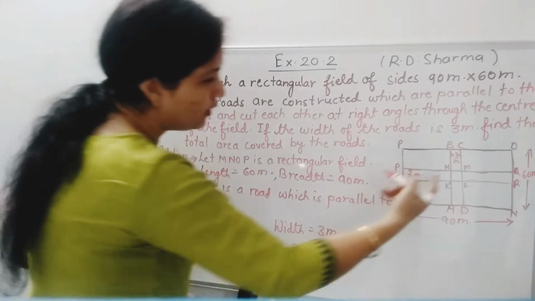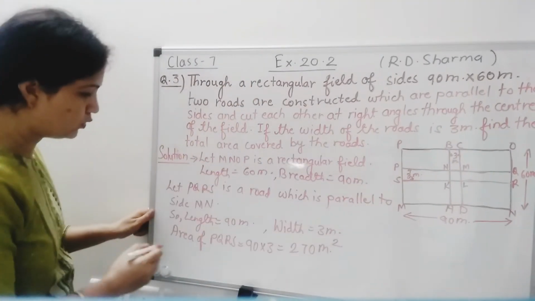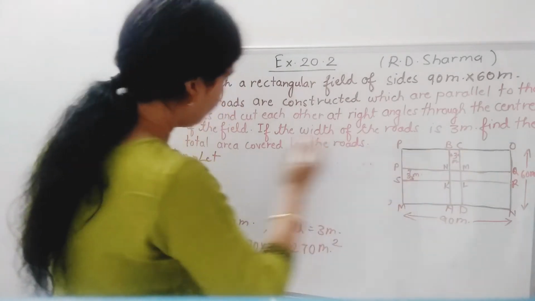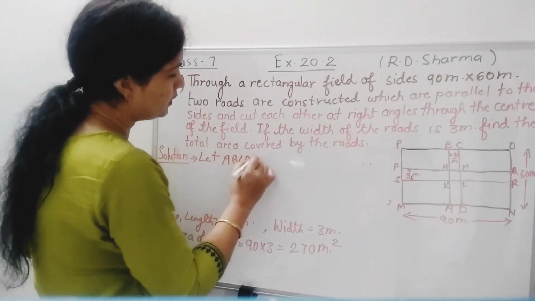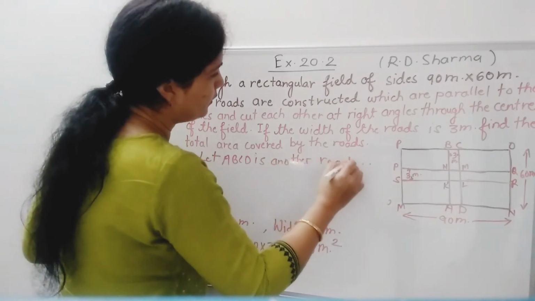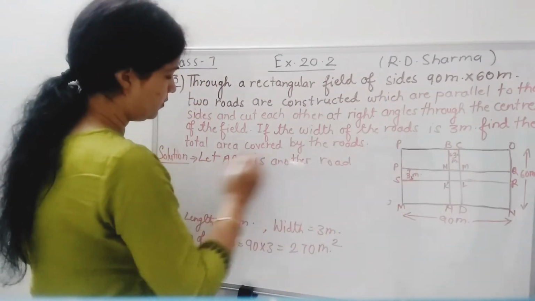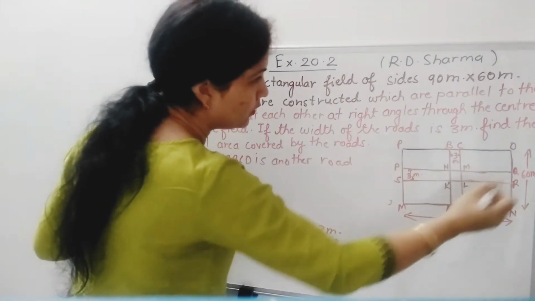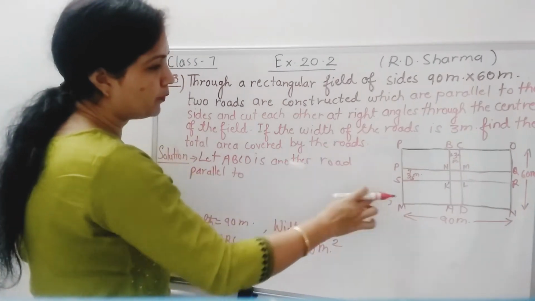Likewise, we will find out the area of this road also. ABCD is another road, which is parallel to QN or PM.